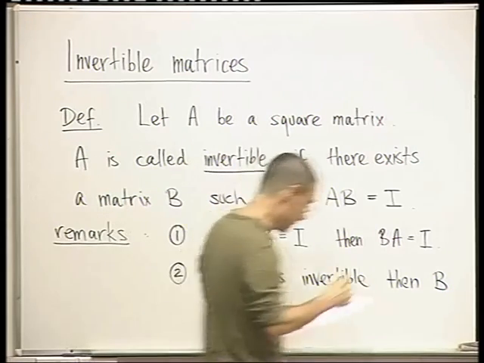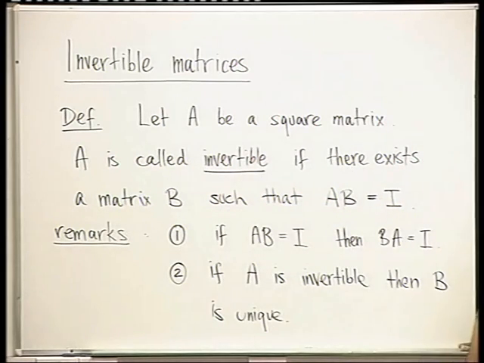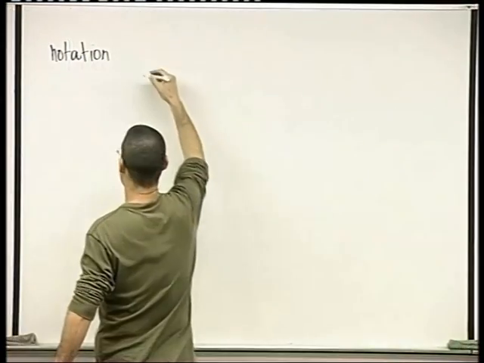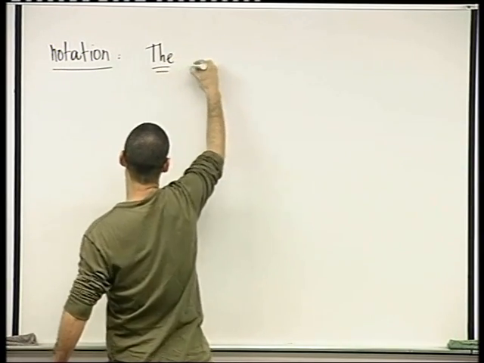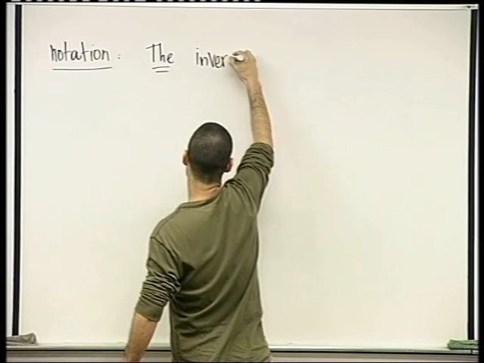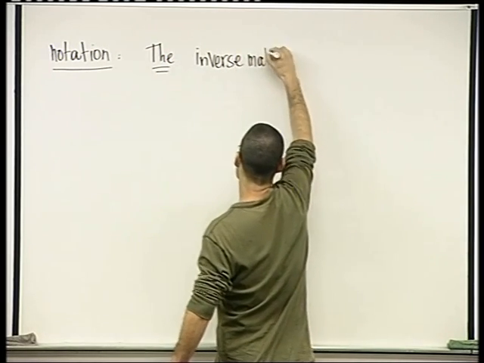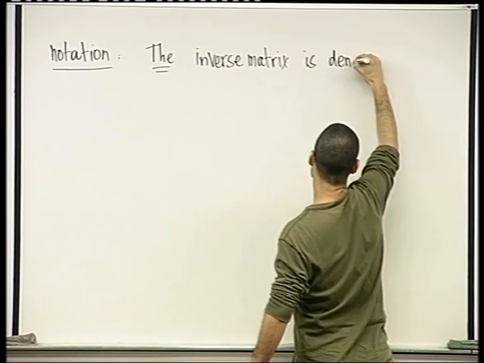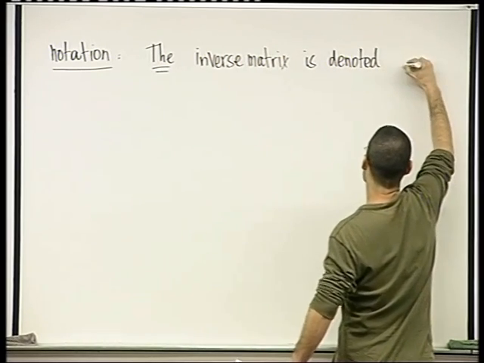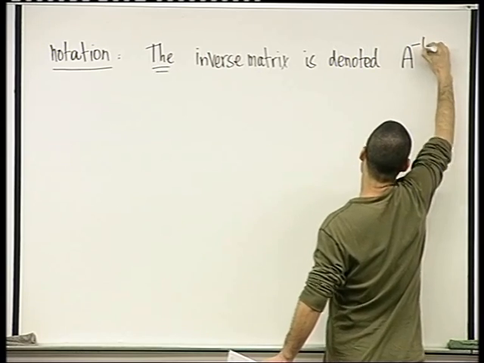So let's write that. Let's call it notation. The inverse matrix is denoted by A to the power minus 1.